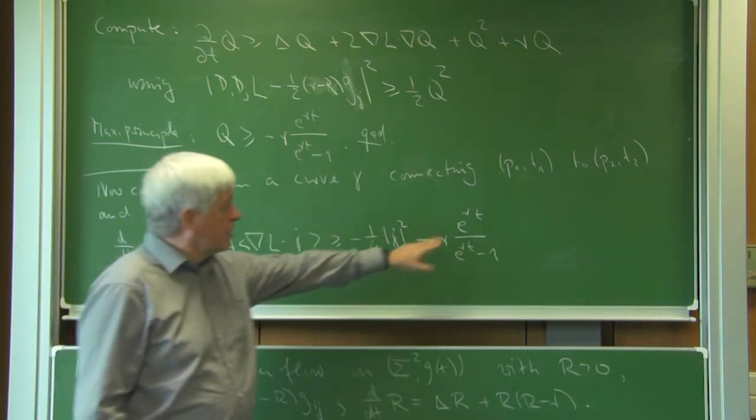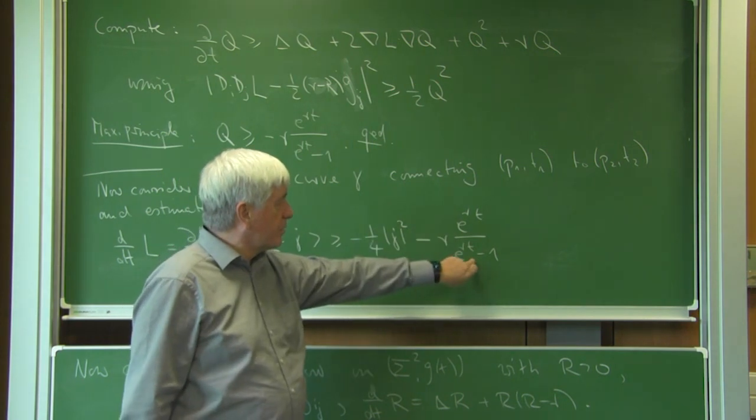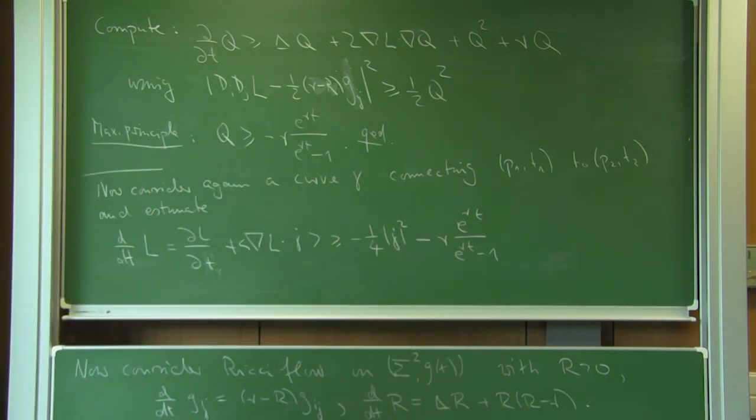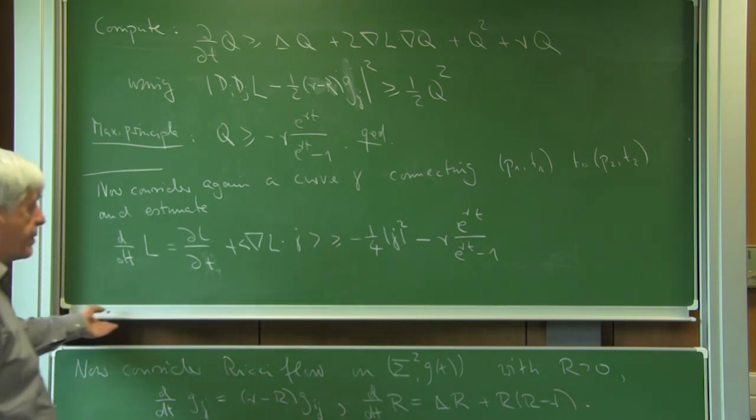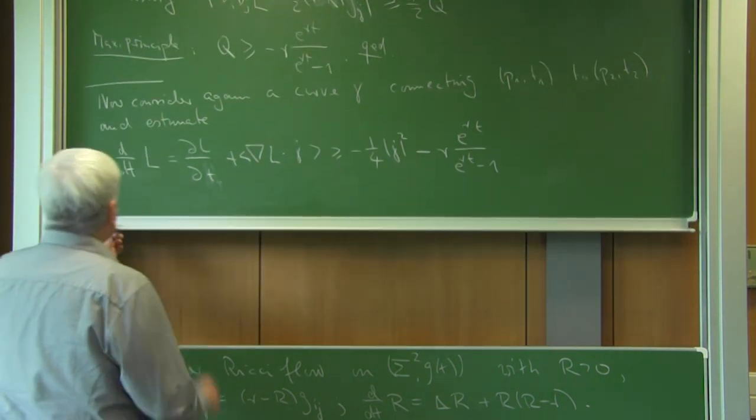Now notice that the numerator is the derivative of the denominator, so when we now integrate, we can get a logarithmic function on the right hand side again.